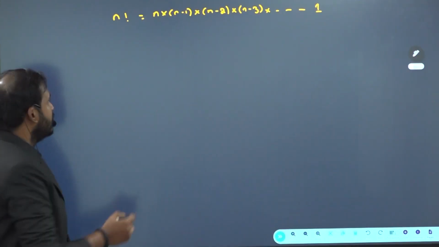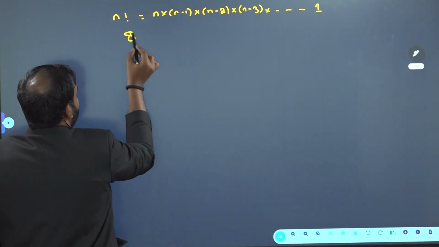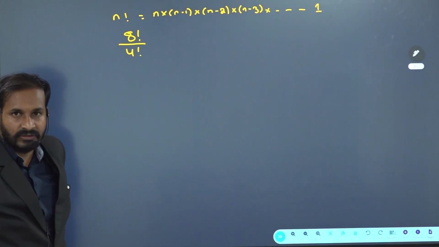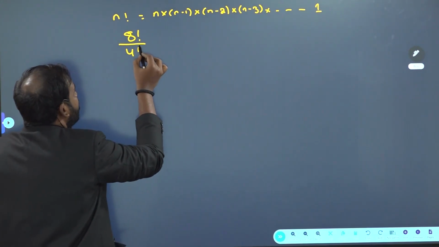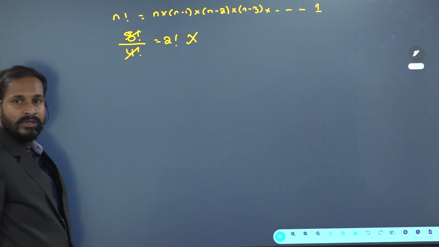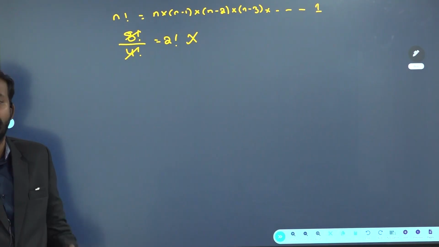And when it comes to factorial cancellation, see here students, whenever you have something like 8 factorial by 4 factorial, you cannot cancel and write it as 2 factorial. This is wrong. You should not do cancellation in factorials like that. How can you cancel them?